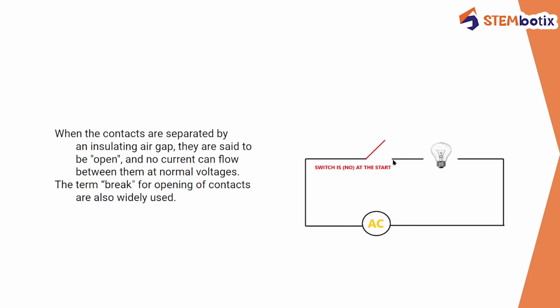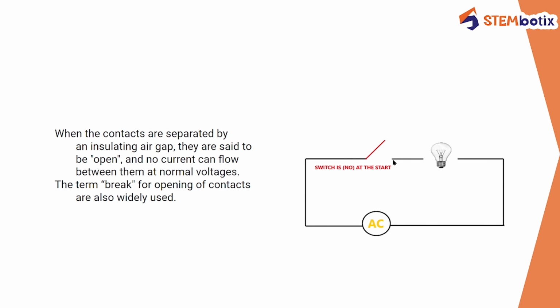Normally closed means there is a closed path for current to flow through, from this to this and to this. As soon as the current reaches here, there will be a flow of current through this bulb, and hence the bulb connected to the switch would be turned on.